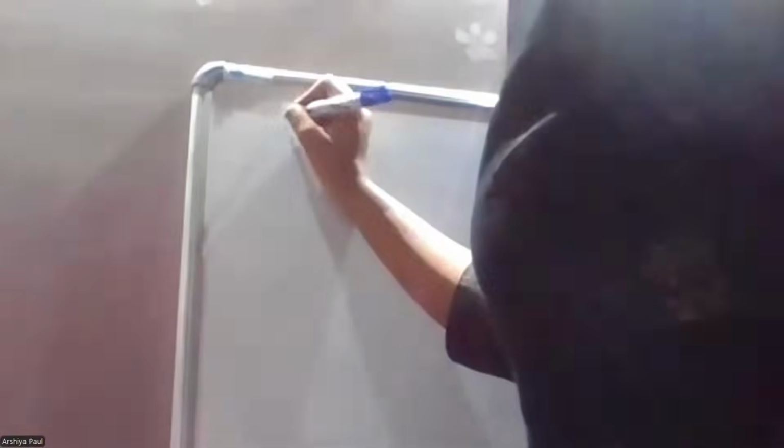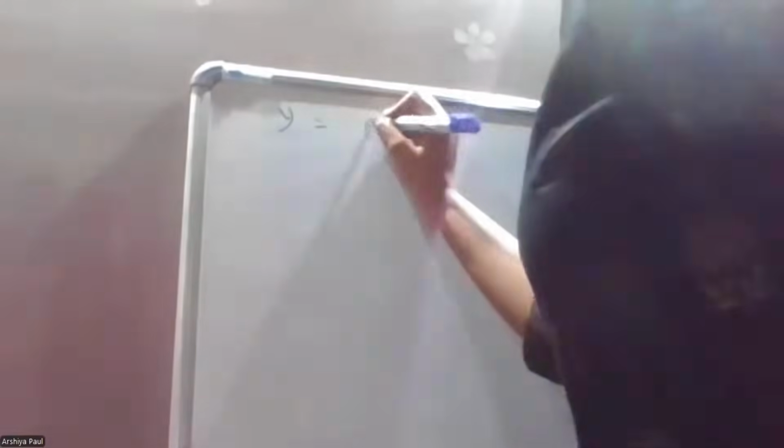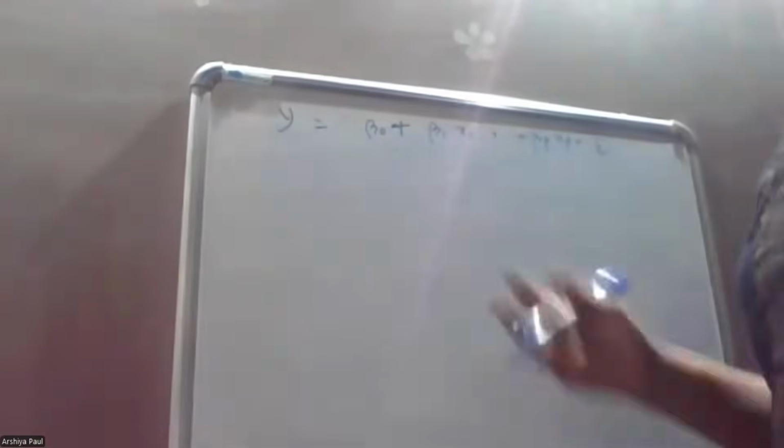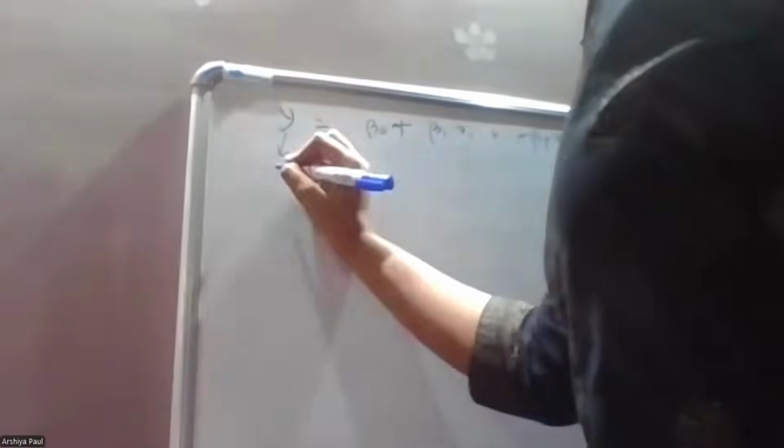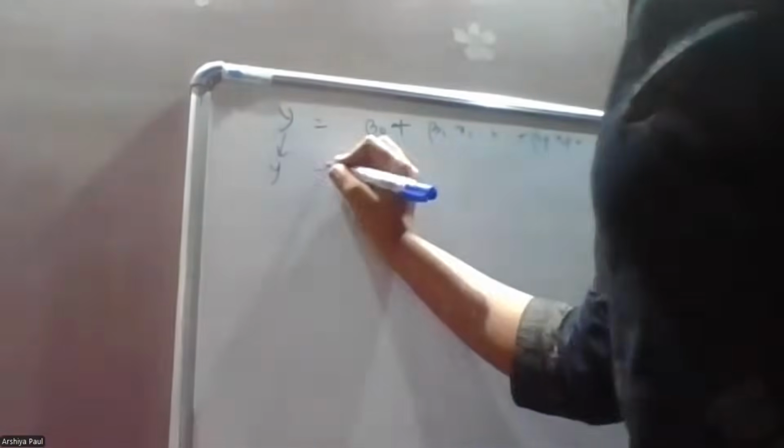A linear model is basically an equation that, I'll give an example, quantifies the relationship between a response variable, which I can call y, and a set of predictors, x1, x2, up to xp.